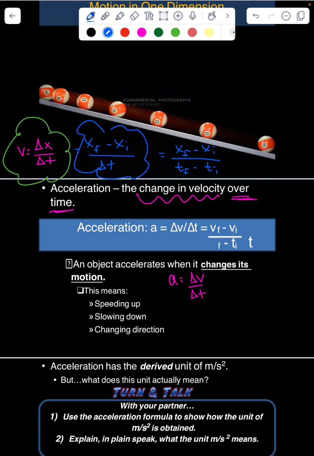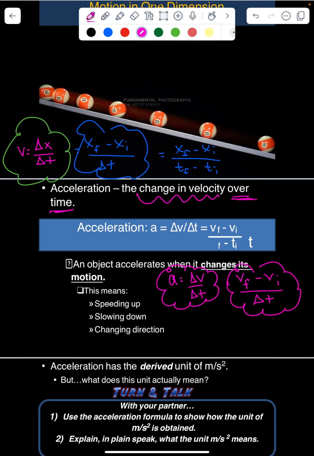All right, so you have to remember that with all of these as well. You have to remember that delta anything can be broken down into final minus initial. So that delta V can be broken down into V final minus V initial over delta T. Just like the blue one up there, this is the one that you are going to be using more times than not.